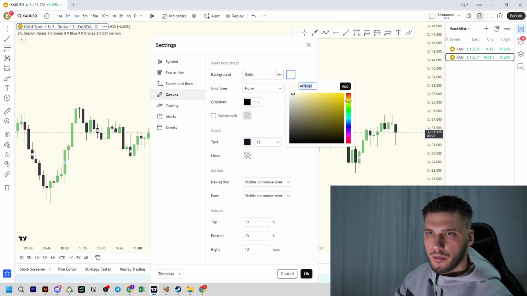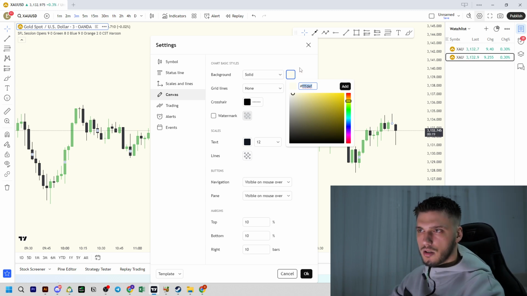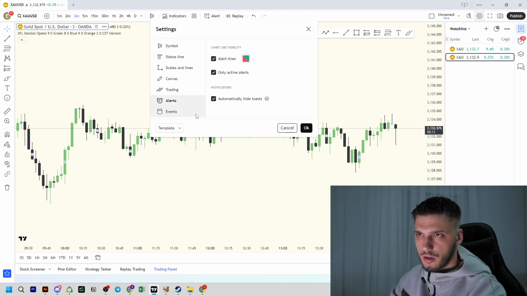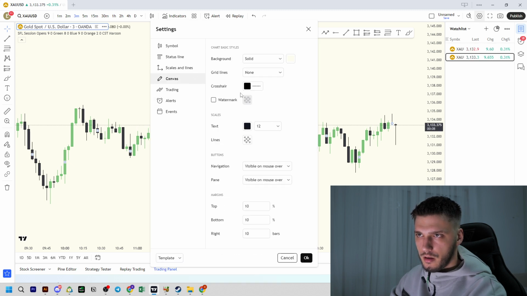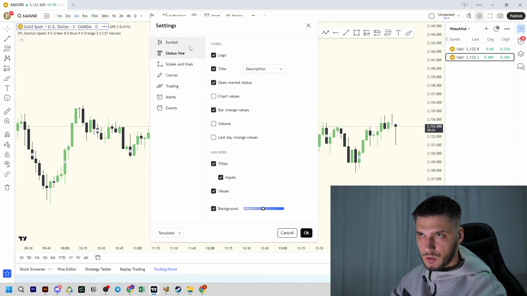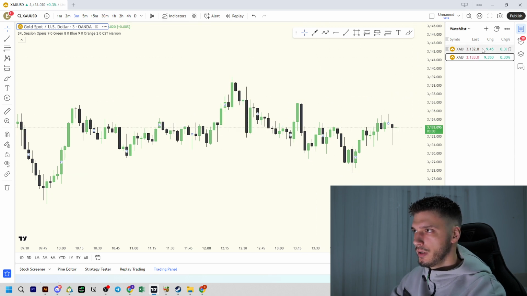If you want to have the background a little lighter, I don't want this purely white because that's just a little harsh for your eyes. Grid lines none. This is solid. This is how you want to look at everything else. Alerts, events, canvas. So you can just go ahead and copy everything here, and then your chart will be looking quite the same.